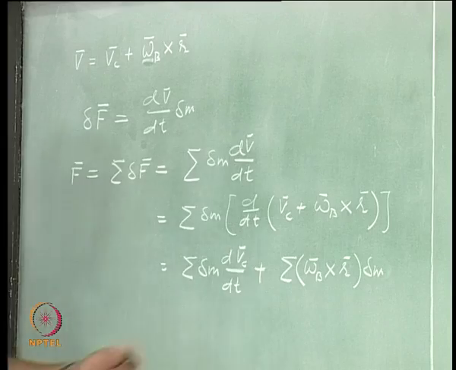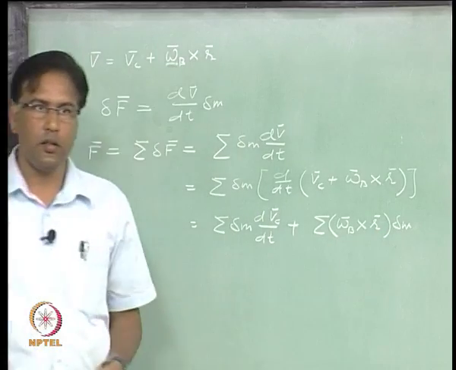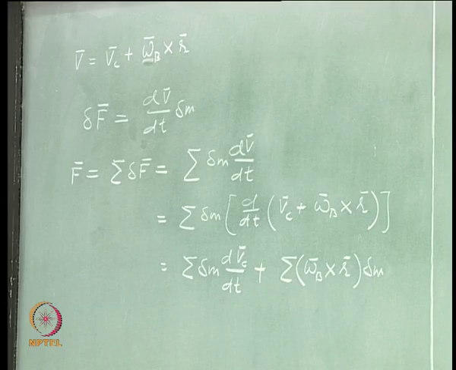This omega_B is actually independent of this elemental mass, right, it is the fixed angular velocity vector, it does not depend upon the mass.